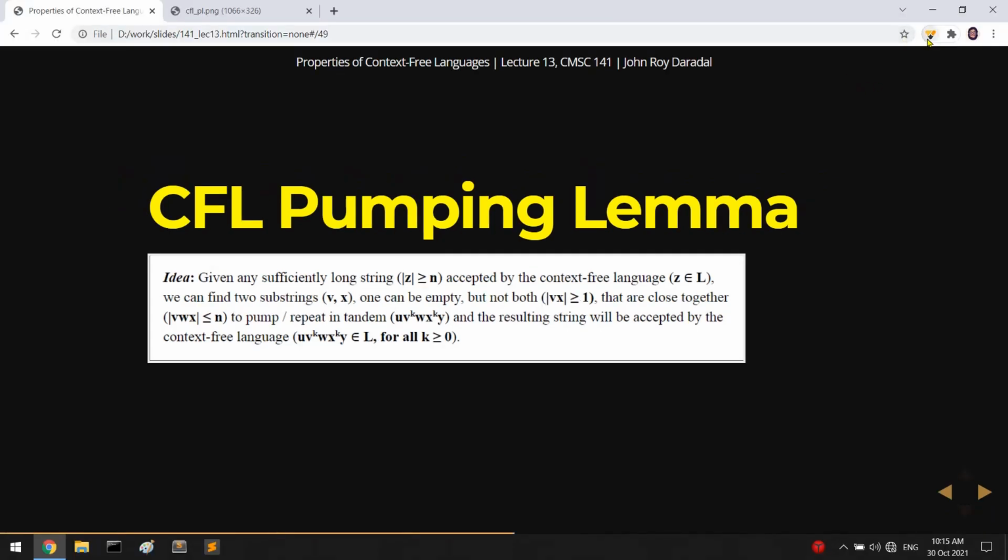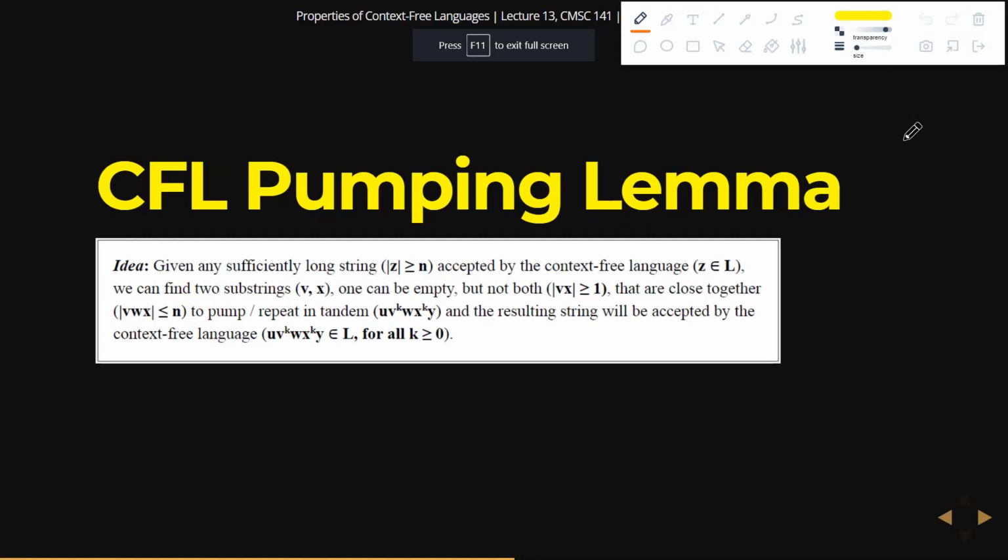So if the length of vx is greater than or equal to 1, it could be that v is of length 1, like a, and x is epsilon, or it could be that v is epsilon and x is a, of length 1. That's possible because the length of vx here is 1, and it could be more than that, because it's greater than or equal to 1. But it's not possible to have them both as epsilon, because the length should be greater than or equal to 1.